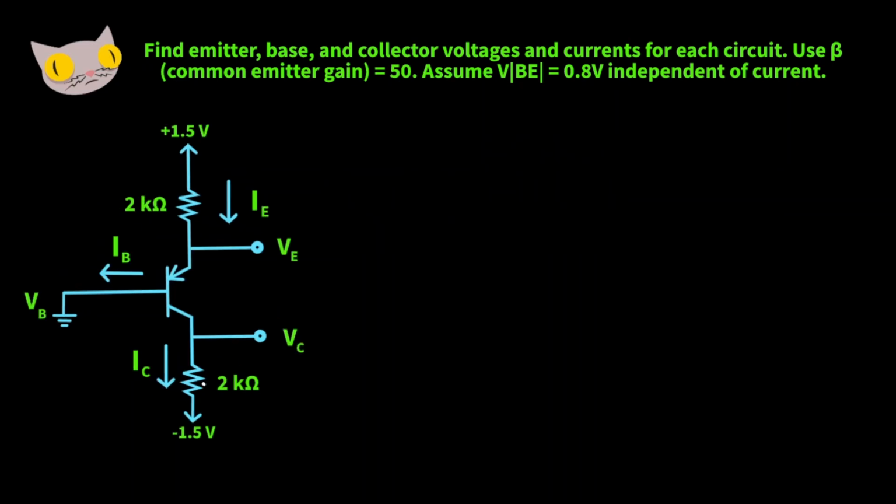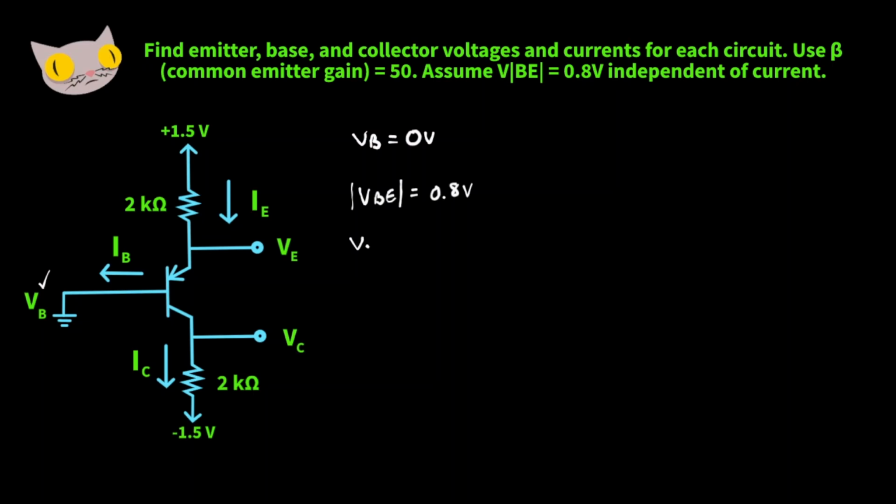So here's our next transistor circuit. Notice in this one that the emitter and the collector pin are switched compared to the last one. So first let's find our base voltage. Pretty easy, it's just going to be 0 volts. Next, let's find the emitter voltage. Again, the absolute value of our base and emitter voltage is going to be 0.8 volts.